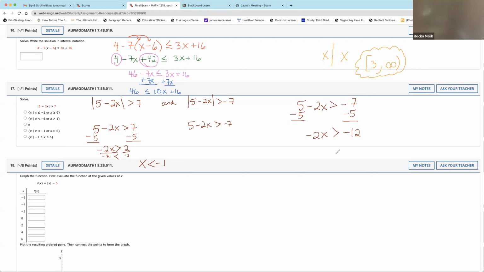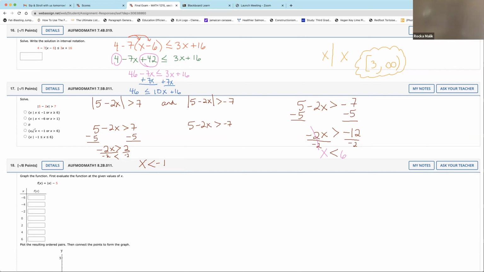I'm going to divide by a negative number, which means I have to change my sign. Dividing by negative 2. X is less than 6. So we have x is less than negative 1, or x is less than 6.